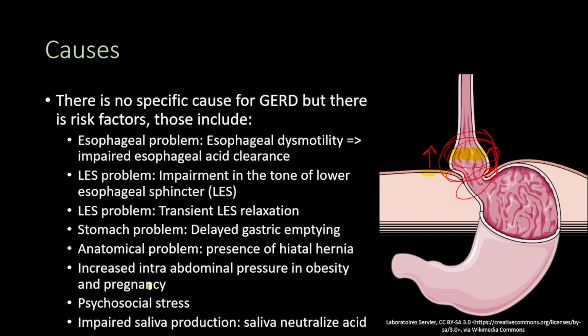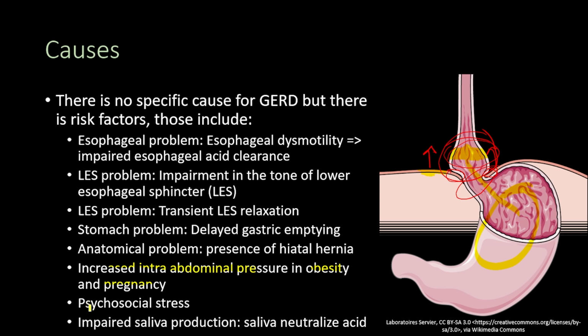Now also in the risk factors we have increased intra-abdominal pressure, for example in obesity and in pregnancy, and that is because the higher abdominal pressure would press against the stomach, leading to the regurgitation of stomach content upward.